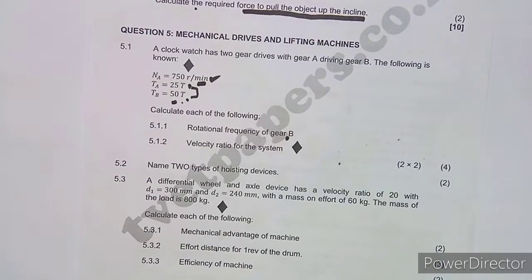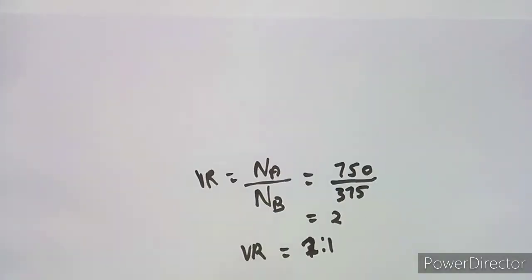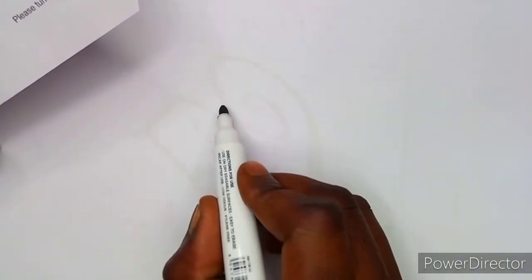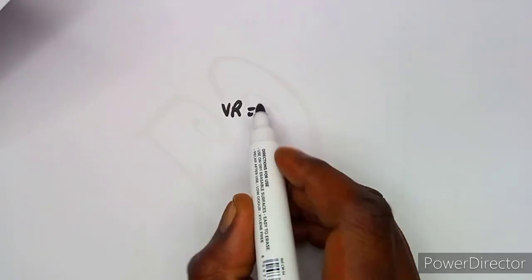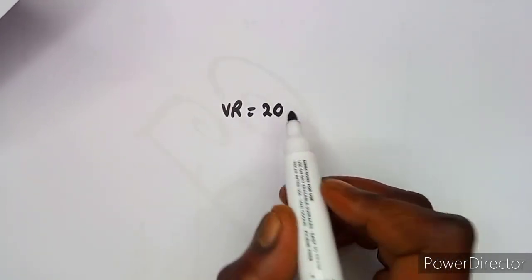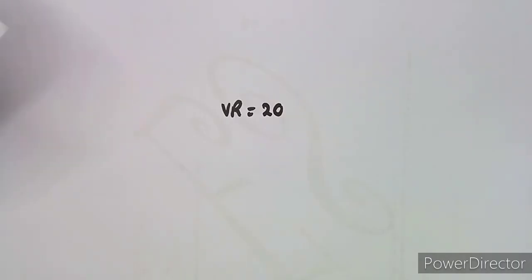Then we are now given that a differential wheel and axle device, which is one of the ones that we talked about there, has a velocity ratio of 20. Then we are given D1. It's best for you to list the information whenever you are working with a differential wheel. So the velocity ratio is 20, which is the same as 20:1.